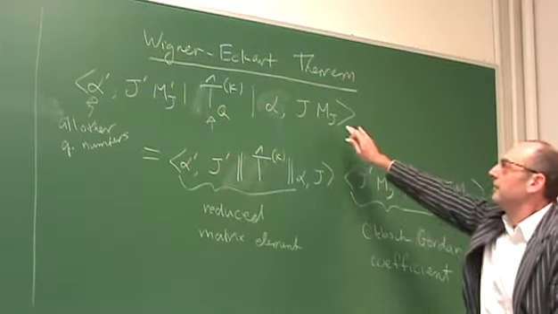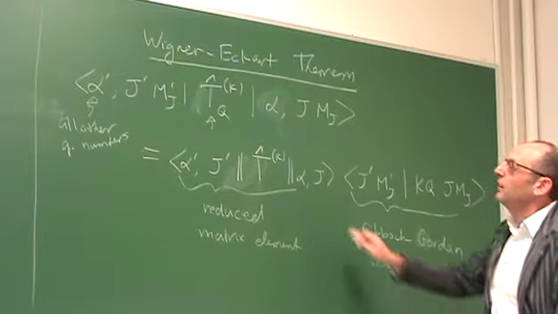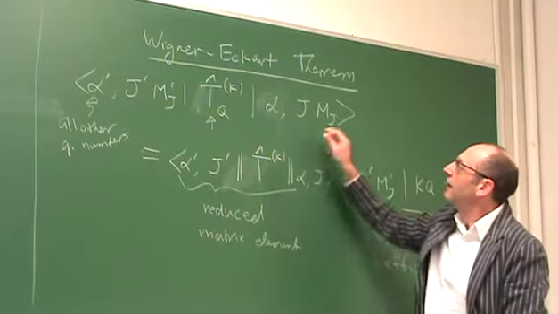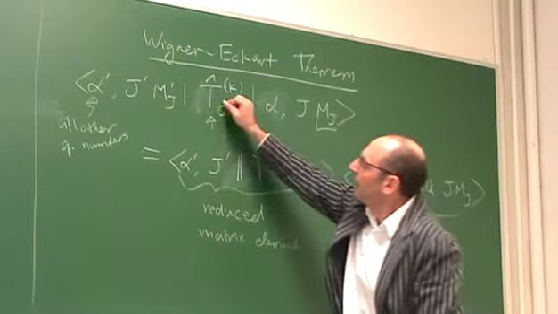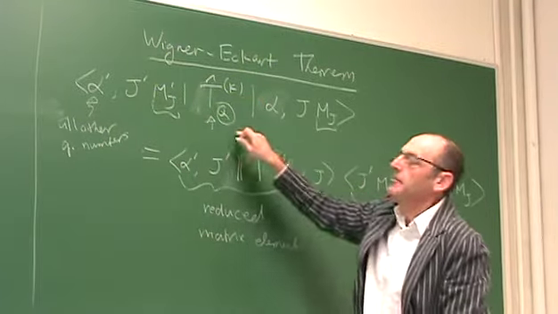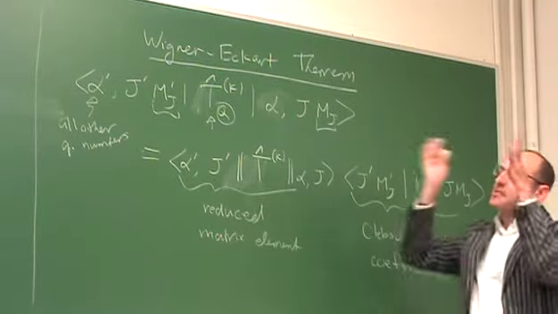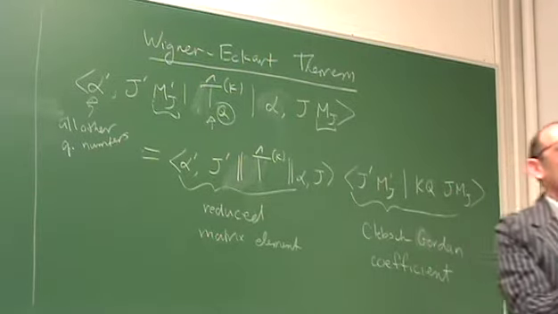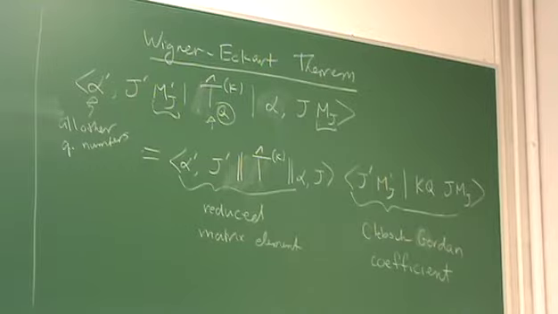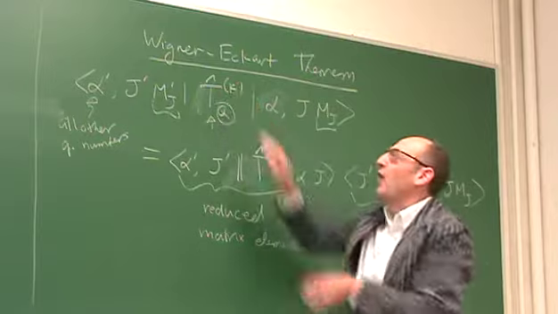This matrix element breaks up into two pieces. One piece which is independent of the indices M, M prime, and Q. In some sense, it has only to do with the magnitude of stuff, the magnitude of the angular momentum, and the magnitude of, in some sense, the rank here.